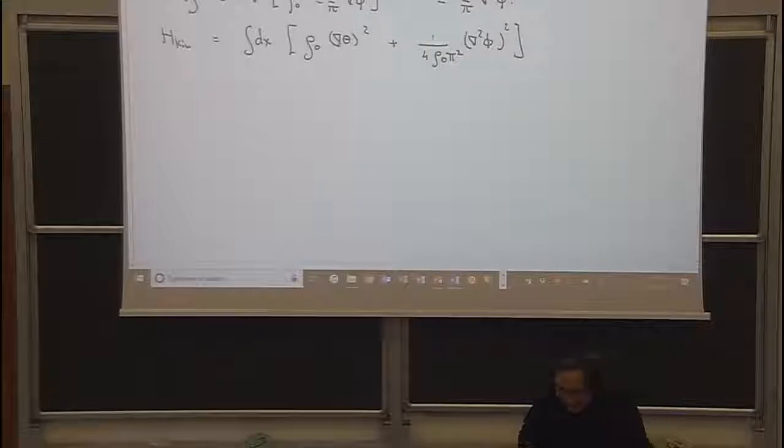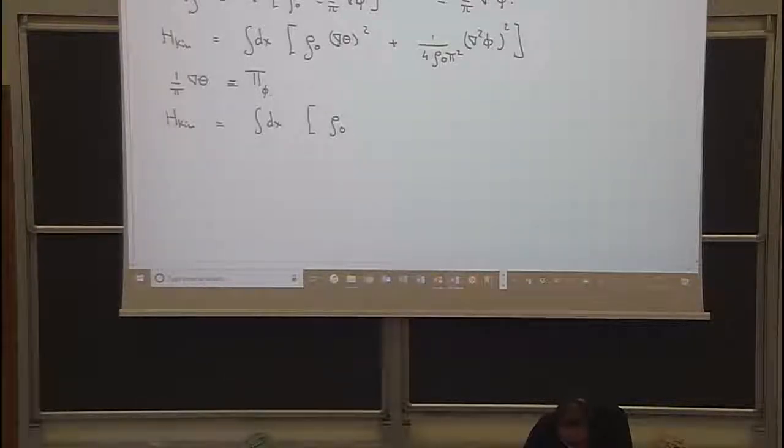Well, it's nice because essentially, remember that I told you that 1 over pi grad theta is the momentum conjugate to phi. So what I've written here for you, H kinetic, is the integral over dx of something which is rho 0, and there is a 1 over 2m here, probably, in front of all this.